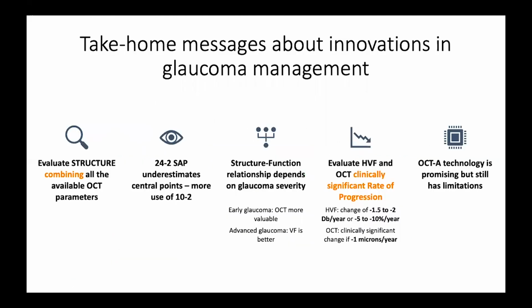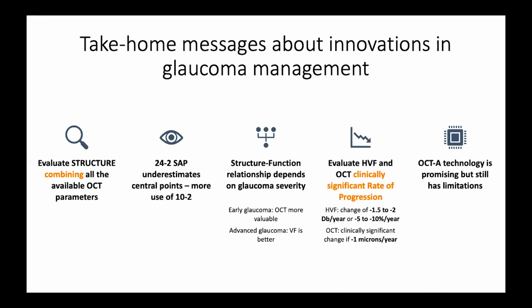So just as a summary and conclusion, the take-home messages that I would like you to have is that it's important to combine all parameters in terms of structure to evaluate the neuropathy as a whole: rim, peripapillary retinal nerve fiber layer, and the ganglion cells. Remember that 24-2 could underestimate the central points, and that more and more we are using a complementary 10-2.